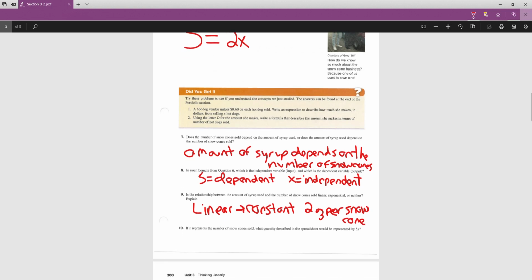Number 10 asks us, if X represents the number of snow cones sold, what quantity described in the spreadsheet is represented by 5X? So go back up and look at your spreadsheet. 5X, if I have 100 snow cones sold, what would 5 times 100 be? It would be 500. Run your finger across that row until you find the number 500.